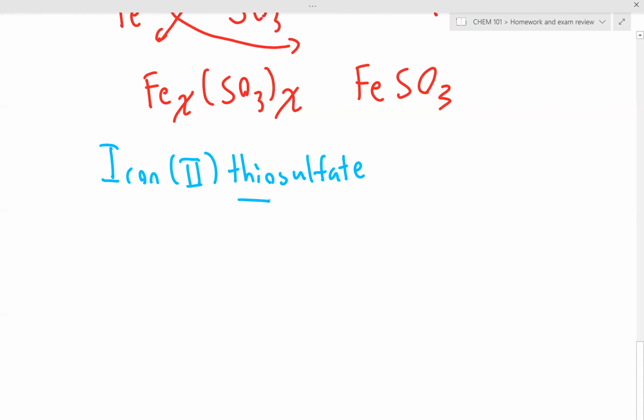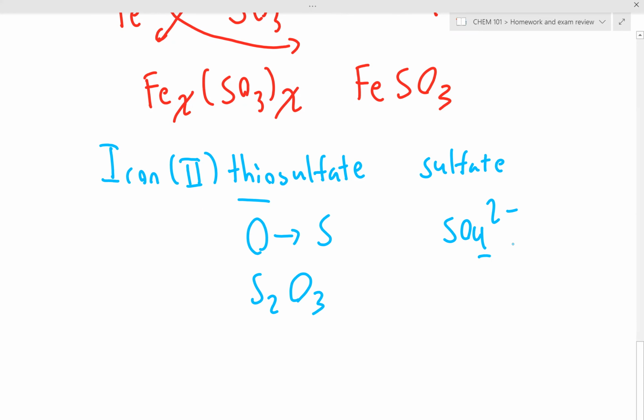So if we think about sulfate, it's SO4 2-. If we replace one of these oxygens with a sulfur, that would turn into what? S2O3. So we lost an oxygen, we've gained a sulfur. So thiosulfate is S2O3 2-.